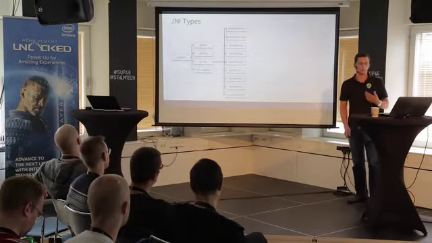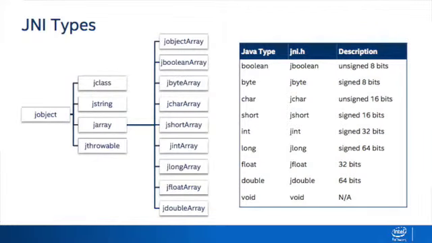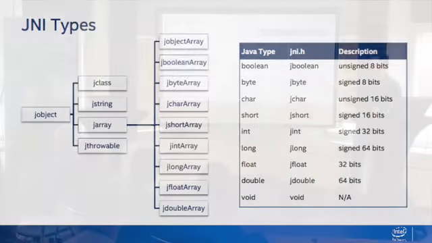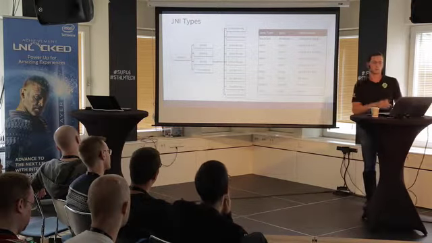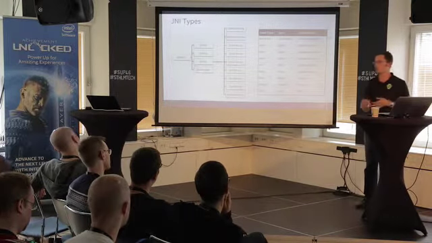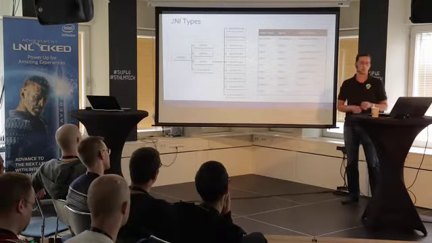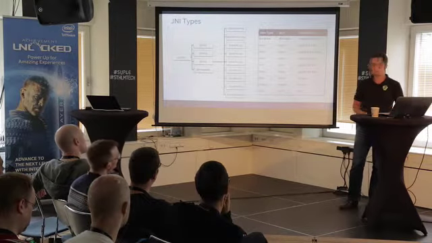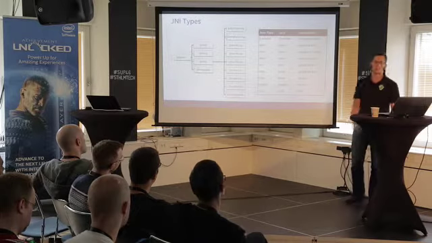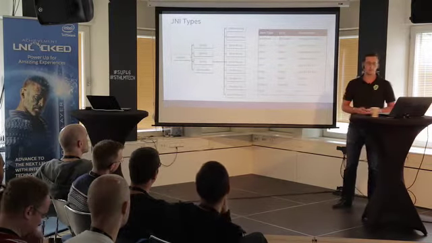So I mentioned JNI types like 10 times. Here they are. Everything inherits from jobject, and you can have arrays of these primitives. And the primitives are there because Java is cross-platform, and you need the same size for all the elements you deal with on Java, but on Android, you can have devices running on ARM architectures, x86 architectures, and sometimes the sizes are not necessarily the same if you just take plain C types, which is a trap.